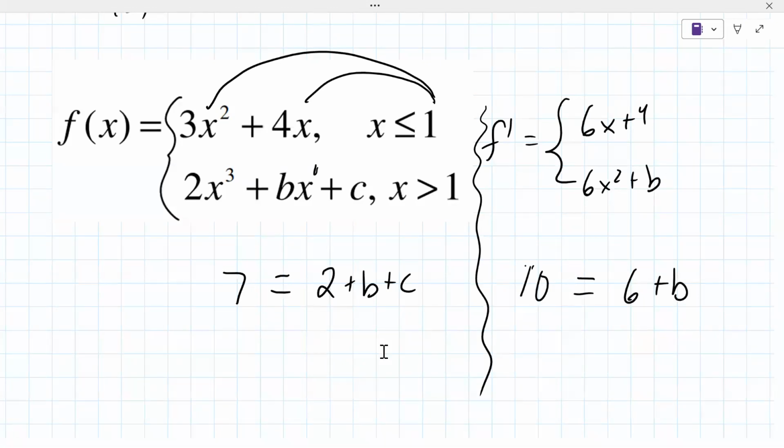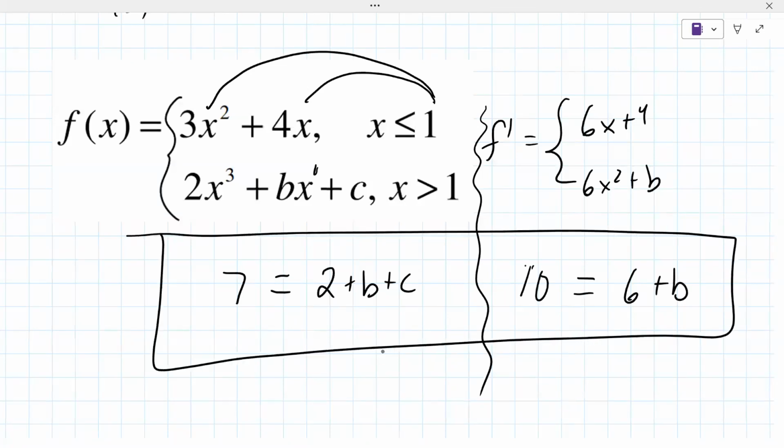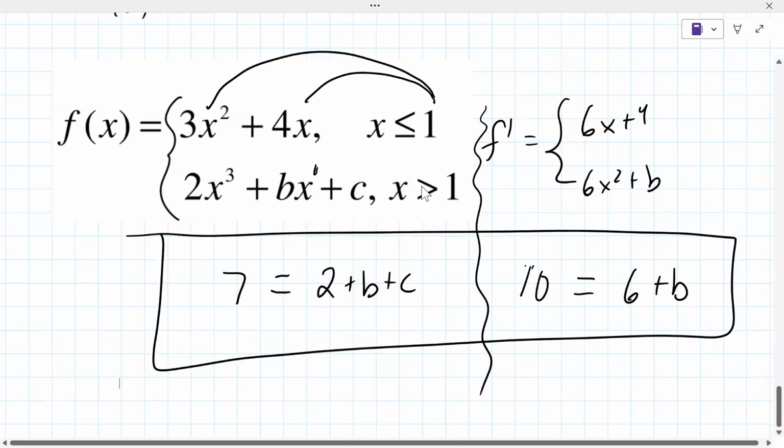And then do I plug the b that I got into the regular equation, not the derivative? You're just solving these two equations now. You're done with the originals.